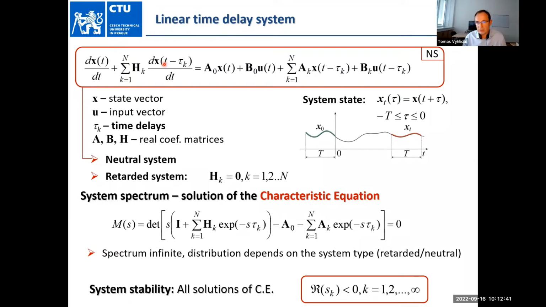If we look to the time domain, a typical feature of a time delay system is that the system state is not given at a time point, but it's distributed over a time segment, the history.